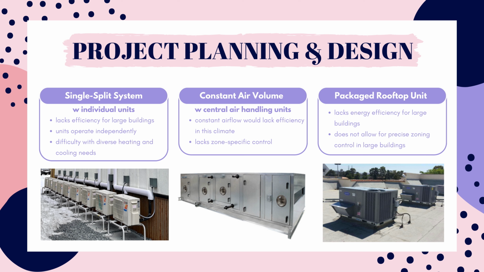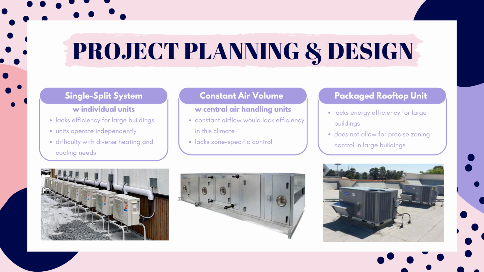Single split systems lack efficiency and control for large buildings as it operates individual units independently, leading to potential inefficiencies and difficulty in managing diverse heating and cooling needs. A CAV system typically operates at a constant airflow and may not offer the same level of energy efficiency or zone-specific control as with the VRF system, which adjusts capacity based on demand.